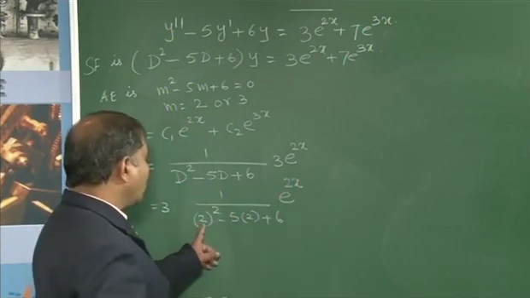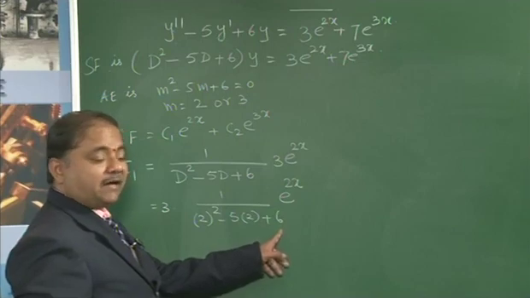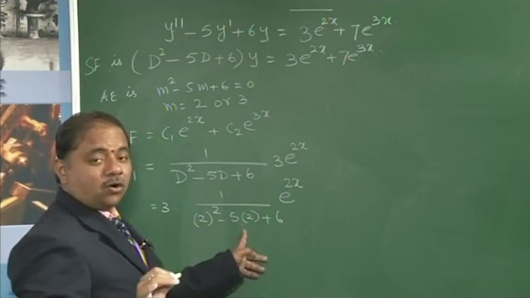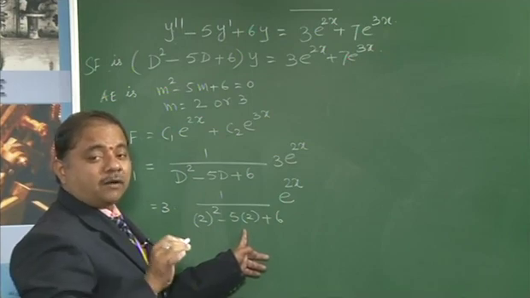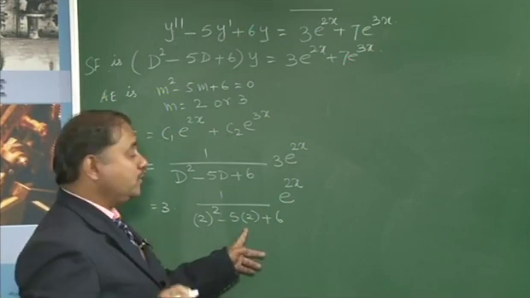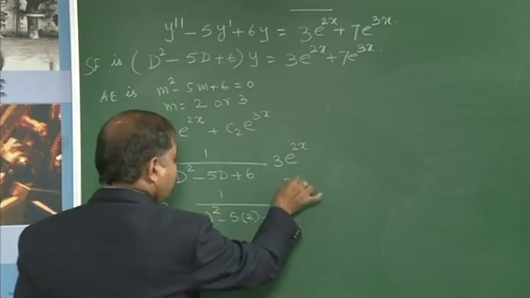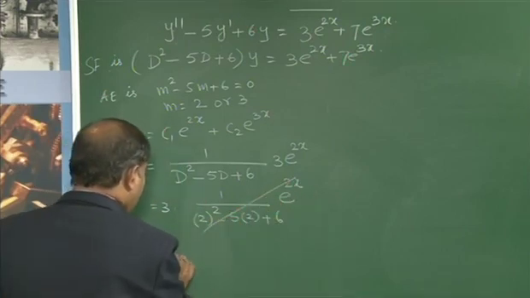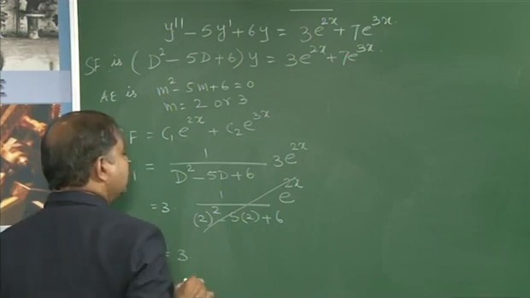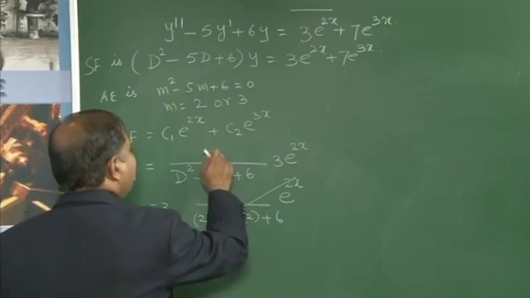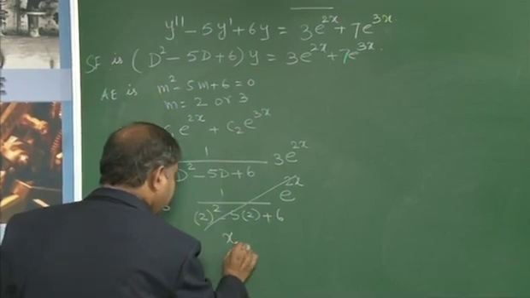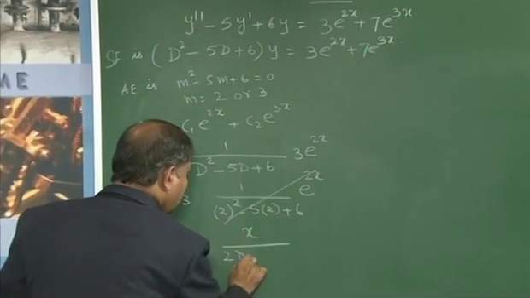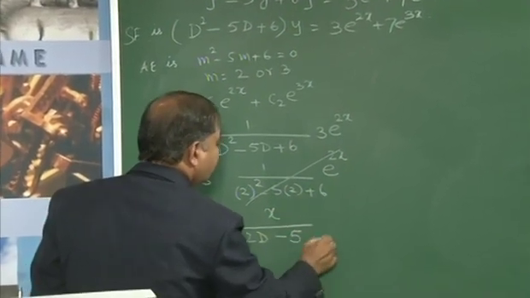See that, 4 plus 6 is 10, minus 10, the denominator is becoming 0. If the denominator is becoming 0, what should I do? Just put a line on this, do not consider it. Now listen carefully: multiply by x in the numerator, differentiate the denominator, 2d minus 5.